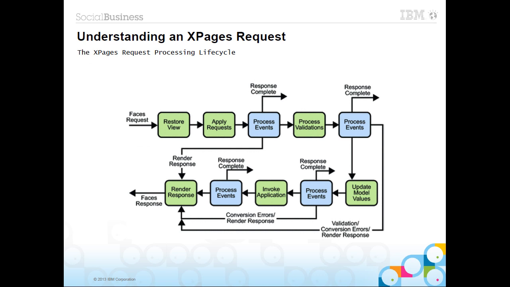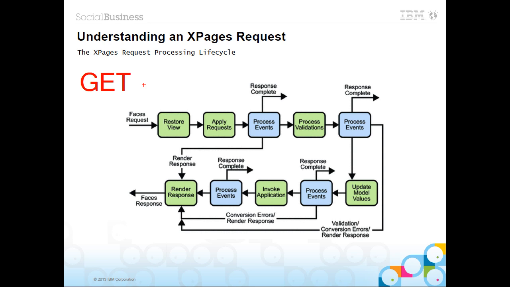So in terms of what has happened for that simple use case, we typed a URL into the browser URL bar. That caused a standard GET request to be issued against the XPages runtime. So given that it was a standard GET request, not an AJAX GET request, the request has come into the Domino server. It has been delegated into the XPages runtime, and the XPages Request Processing Lifecycle then kicks in.